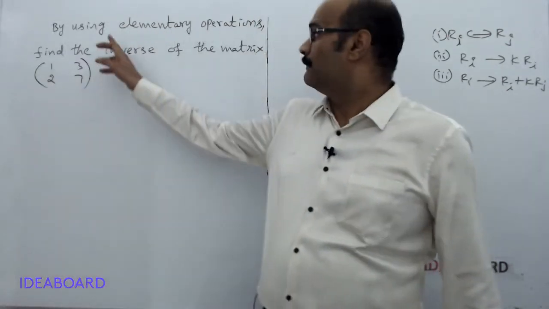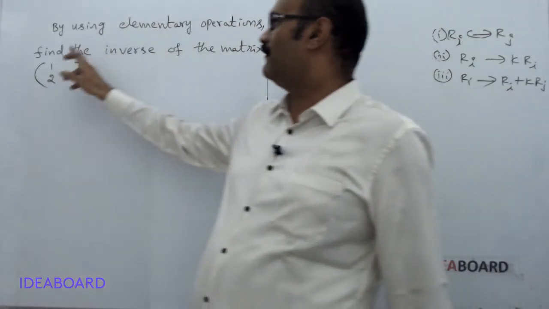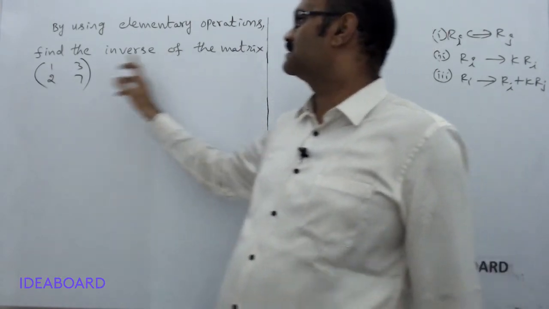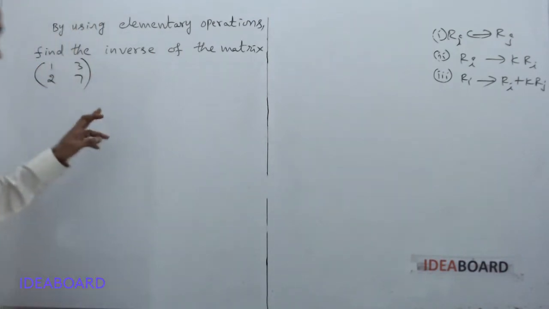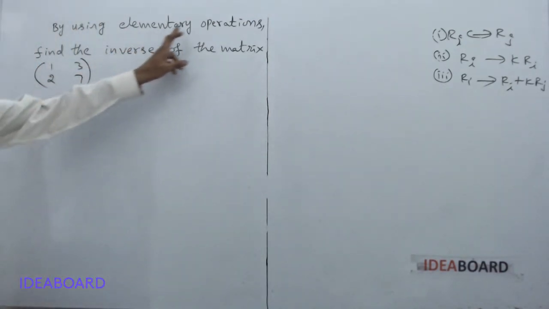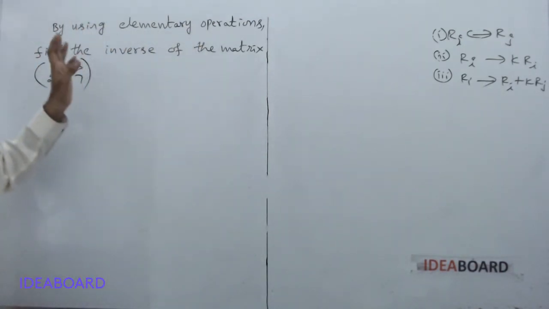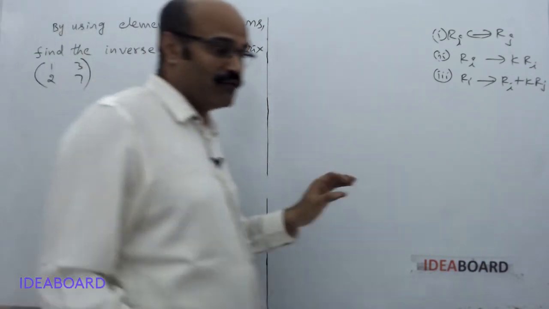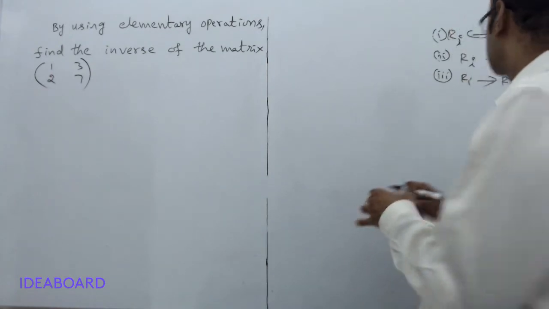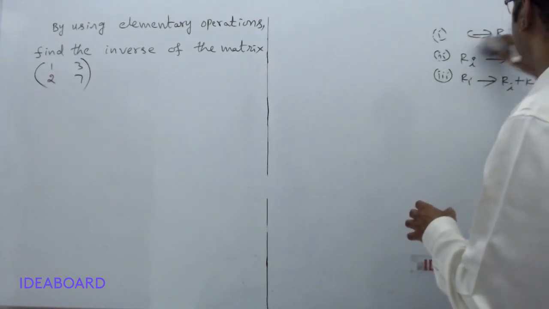Next problem. By using elementary operations, find the inverse of the matrix 1, 3, 2, 7. Now here, elementary operations means I told you that we can apply row operations or we can apply column operations also. Now, we do this problem by using column operations. Just in the place of Ri, you take Ci.